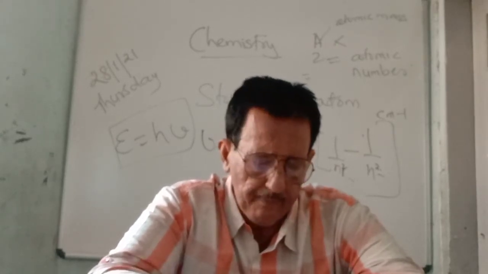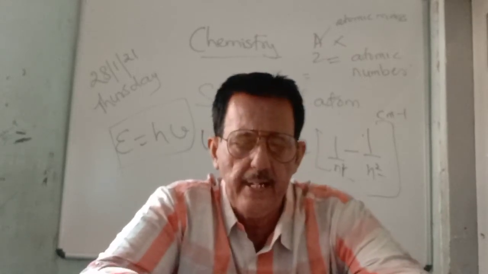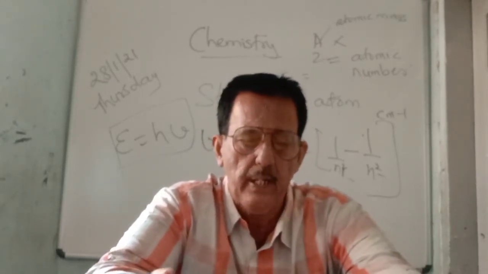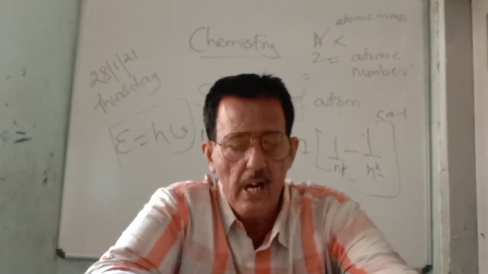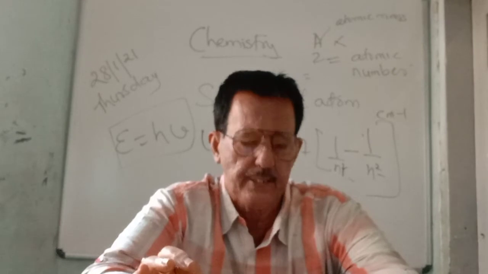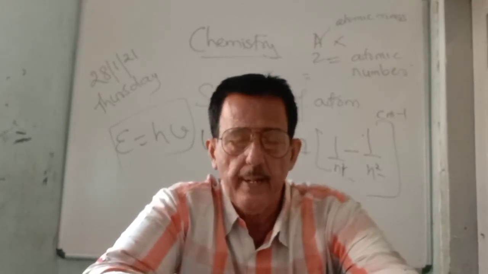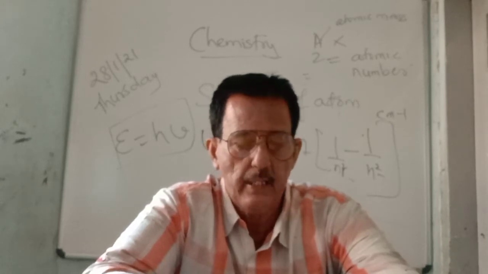Okay, so isotopes are atoms of the same element having the same atomic number but different mass number. Again I will repeat, isotopes are the atoms of the same element having the same atomic number but different mass number.